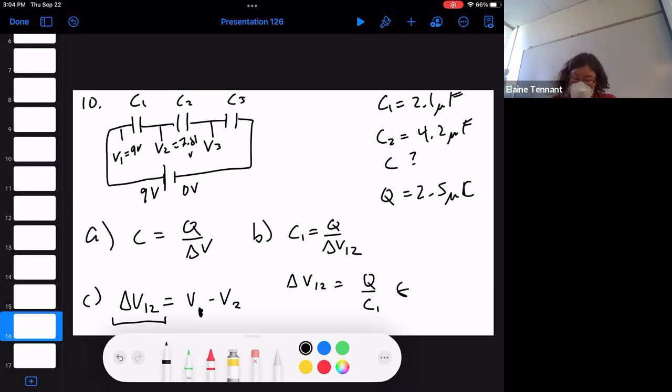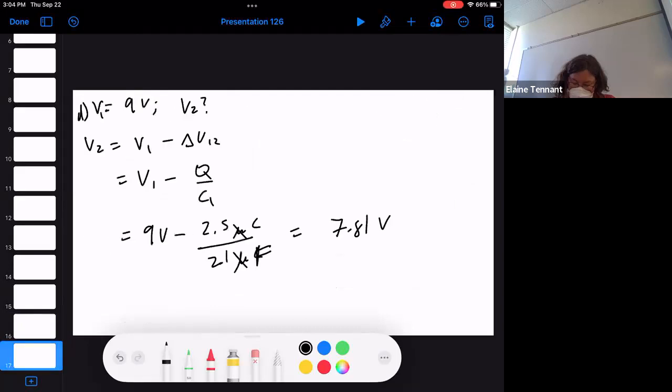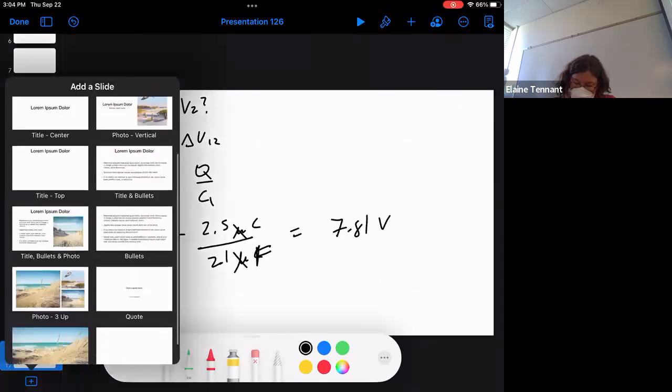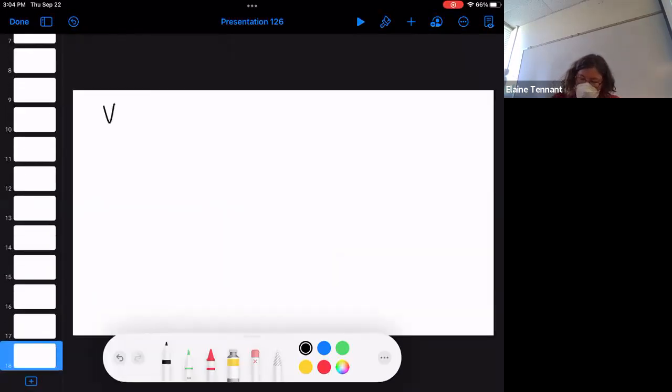Meaning that if we want V3, let me just make sure I'm saying it right. V3 will be V2 minus the voltage across capacitor 2.